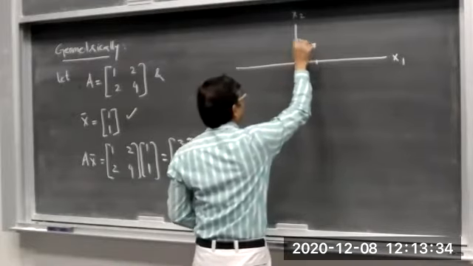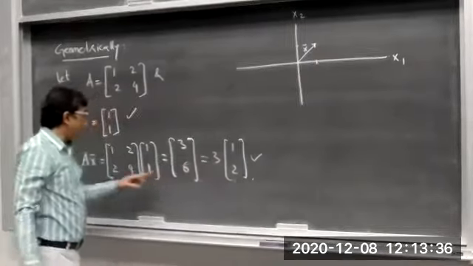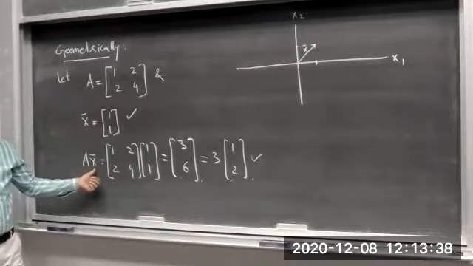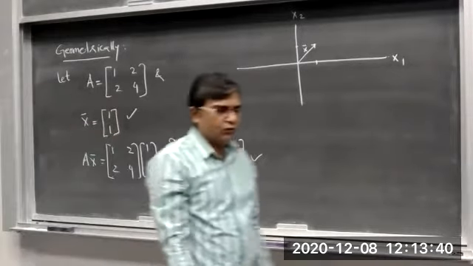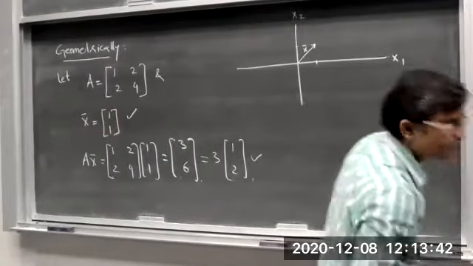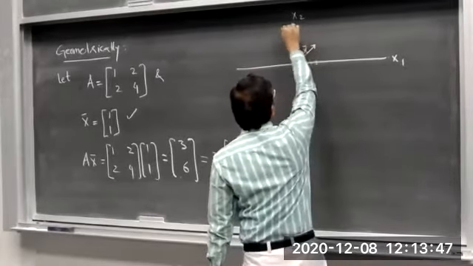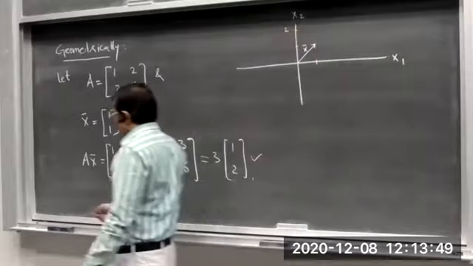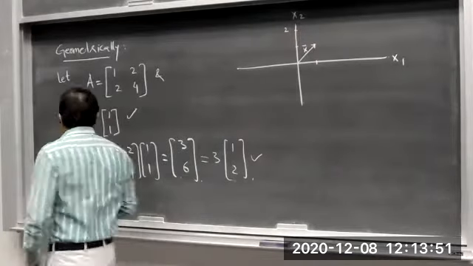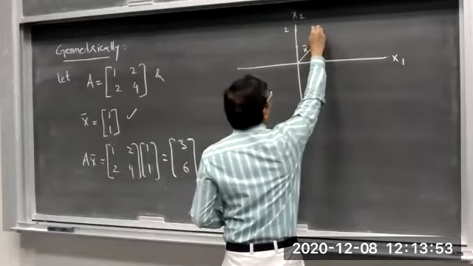Now, after multiplying A with x, what do we get here? (3, 6), which is x1 and x2 here. Now, this vector is this one.